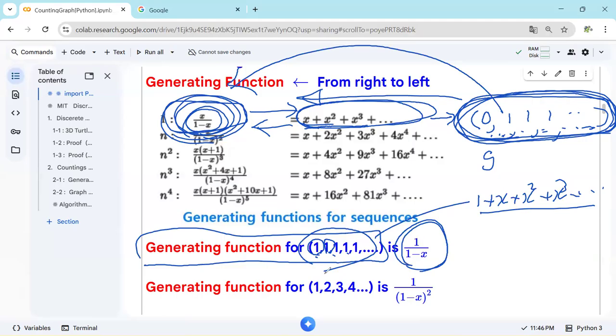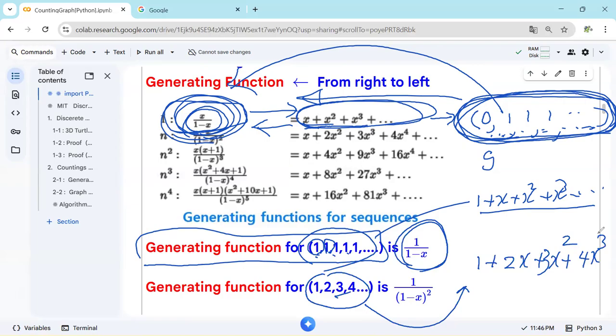Then how about the generating function for 1, 2, 3, 4? You can write it like this: 1 plus 2x, where 2 is the coefficient of x, and 3 is the coefficient of x squared, like this. This is 4x cubed, something like that.